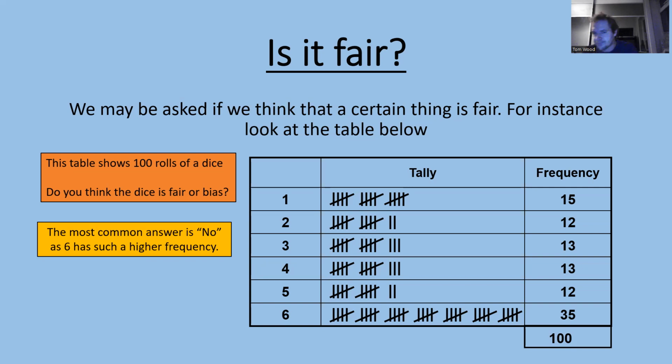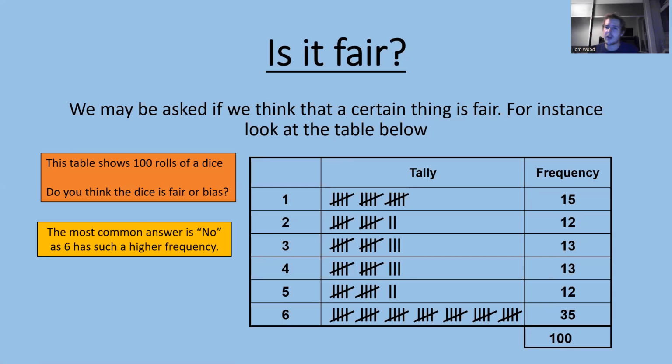So in regards to this, most people will say that the dice is biased or loaded, rigged, whatever you want to say, because the frequency of 6 is considerably higher. If we look at this, 15, 12, 13, 13, and 12 are not too far away from 16.